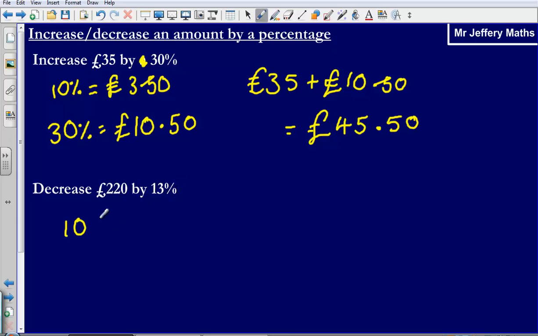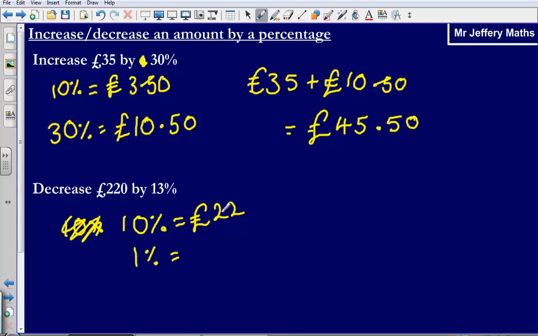So the next one, decrease £220 by 13%. First of all, find 10%. 10% is going to be £22. So I'm looking for 13%, so let's find out what 1% would be.